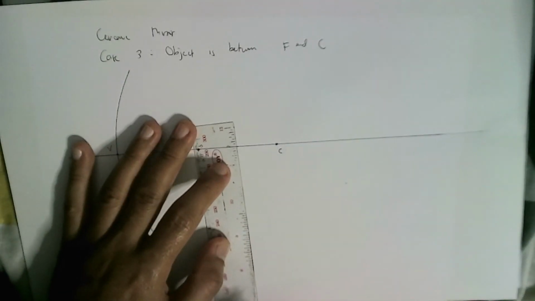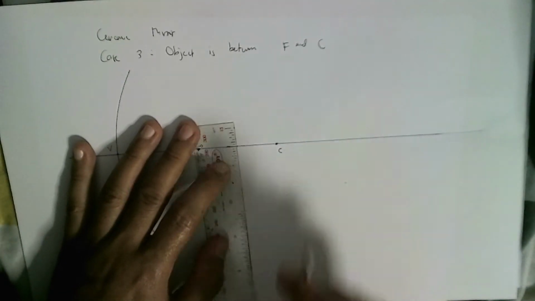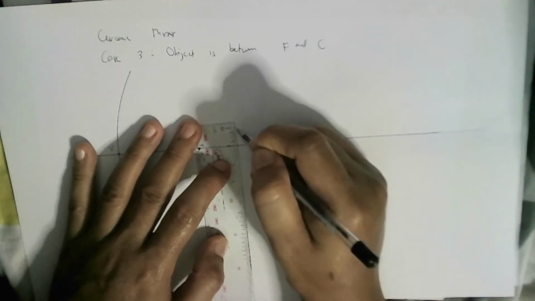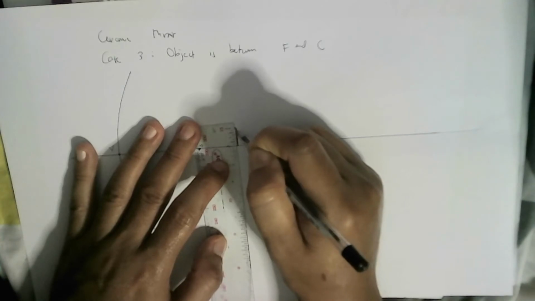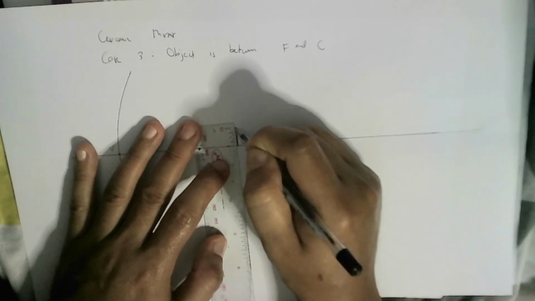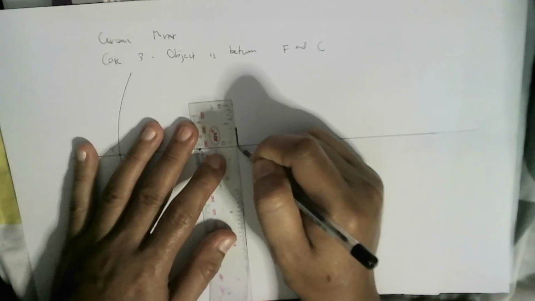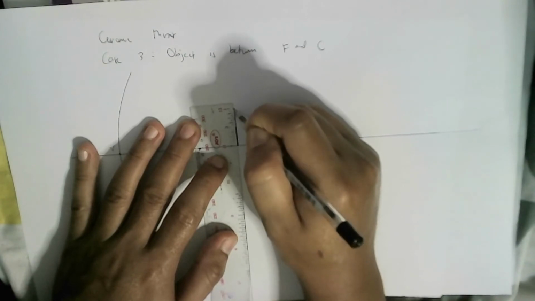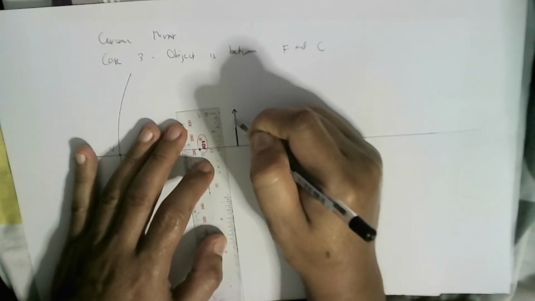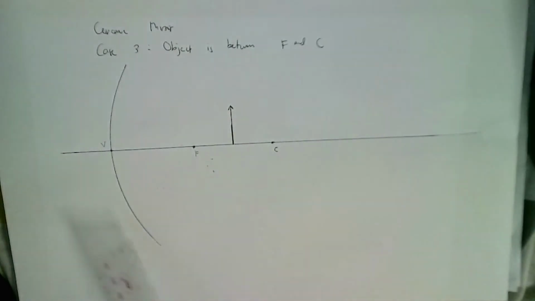So for the height of the object, let me pick something that is very short, like half an inch. So from here to here. Or maybe 1 inch because it's really difficult to draw. So that's your object. And again, your object is always an arrow, right?